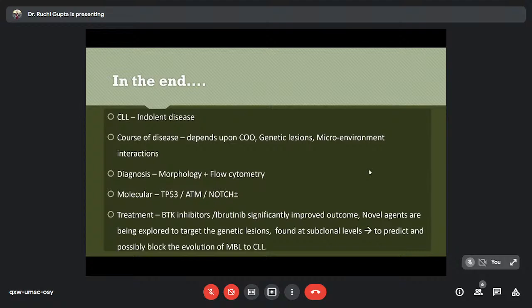Then in treatment, the use of Bruton tyrosine kinase inhibitors and ibrutinib has slightly overcome the difference in the outcome of IGHV mutated versus unmutated CLL. In India also ibrutinib has come in. So this is available, and other novel agents need to be explored as and when newer information about the genetic lesions comes up. That is all.